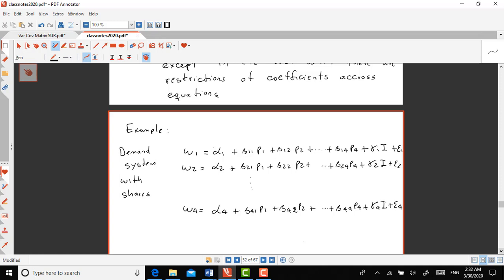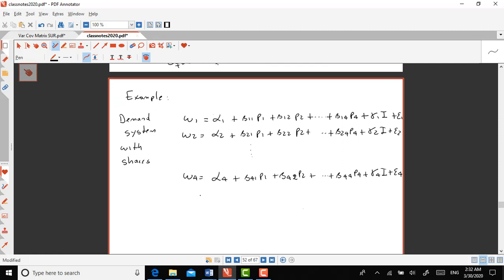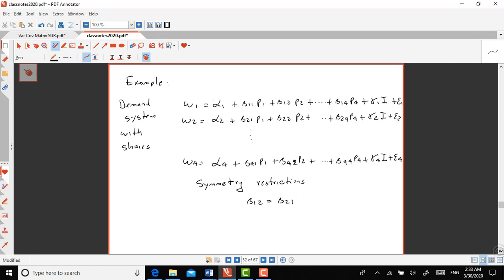So in a demand system of equations, to be consistent with demand theory, we, for example, have something called the symmetry restrictions. In these symmetry restrictions, for example, the coefficient of price in the first equation has to be equal to the second equation.